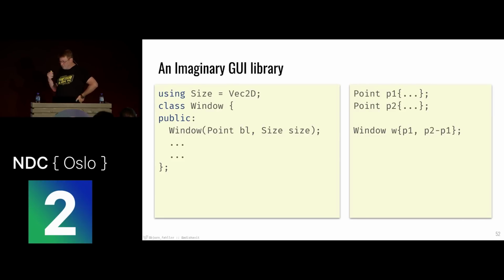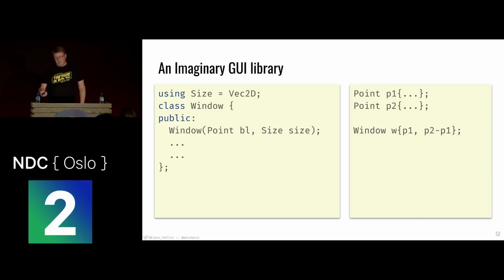So I'm proposing a different GUI library where we have a proper distinction between points on the screen and vectors. I have a window class and its constructor says I can construct a window at a position, a point, and its size. And the size is a vector, so we know its width and its height.